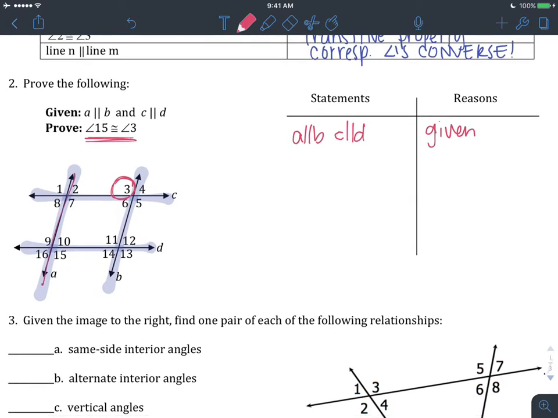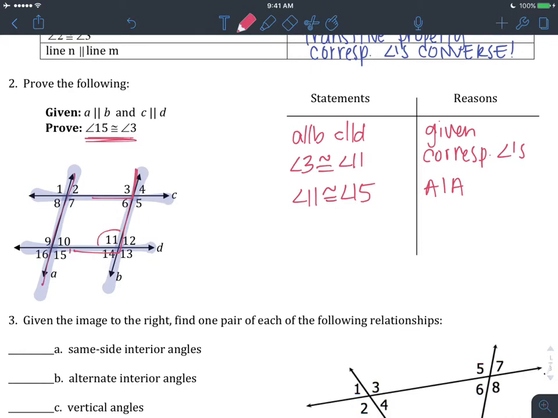So we know that angle 3 is congruent to angle 11 because those two form an F for corresponding angles. Okay, so 3 and 11 are congruent. Now we can prove that 11 is congruent to 15 because those two are alternate interior angles.